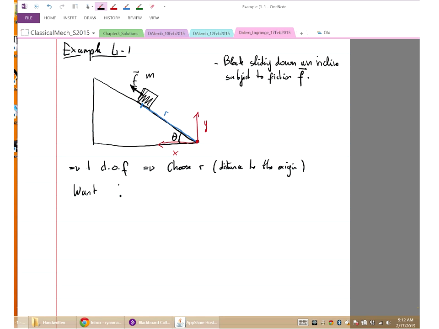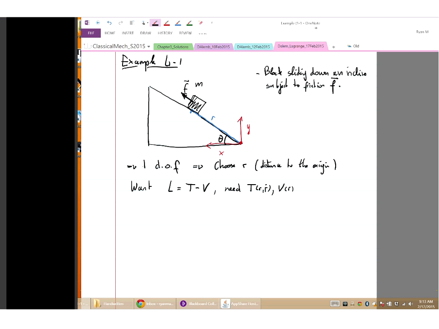Now remember, we want L, which is equal to T minus V. So we need T as a function of r and V as a function of r. T in principle could be a function of r and r dot. Whereas V, so far what we've done is we've asked that the potential only depend on position, right?